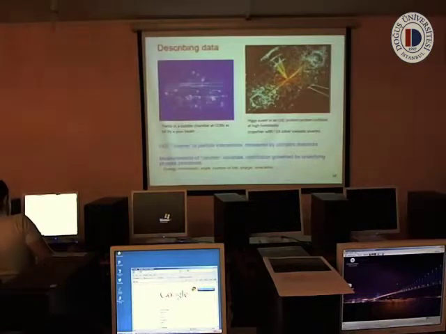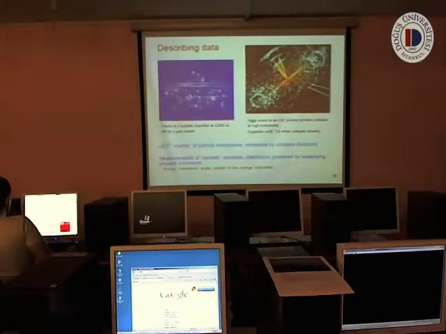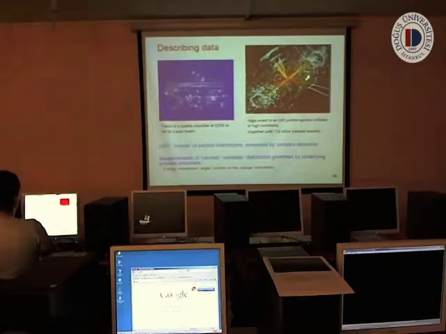So now let's come to the data. Here you see an image of the tracks in the bubble chamber from CERN, which are hit by a pion beam. Here you see an image of a Higgs event in a proton-proton collision at the LHC. So a high-energy physics event is basically particle interactions which are measured by our detectors.